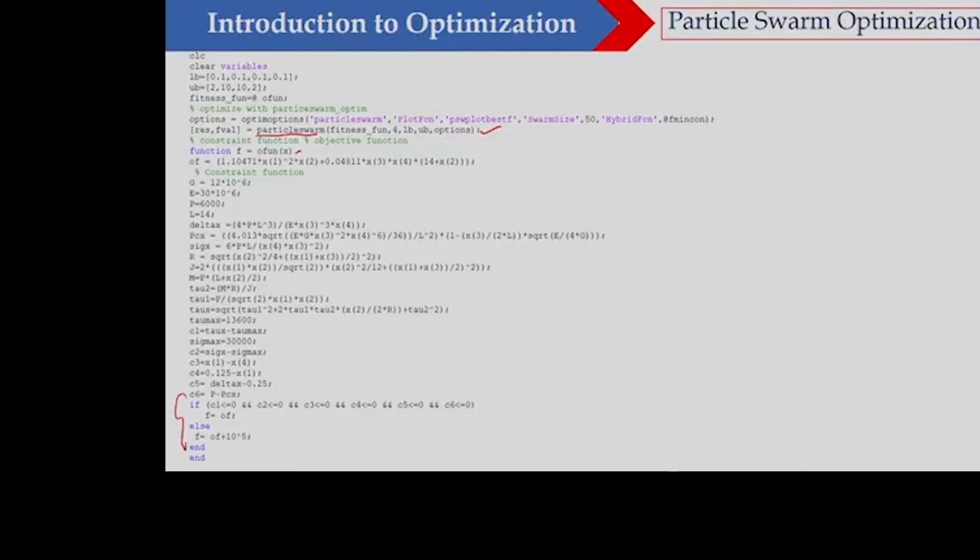If there is a violation, it will return a very large value, so that this particular solution can be avoided. For that I am using an if else statement. If there is a violation, then I am returning this value, and if there is no violation, then I am returning this value. This part is similar to what we have already defined.